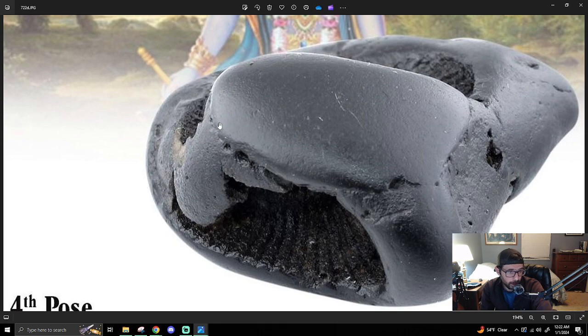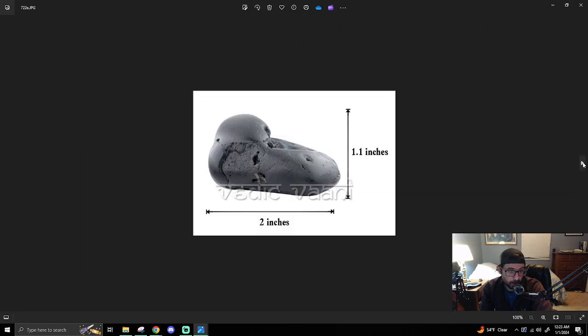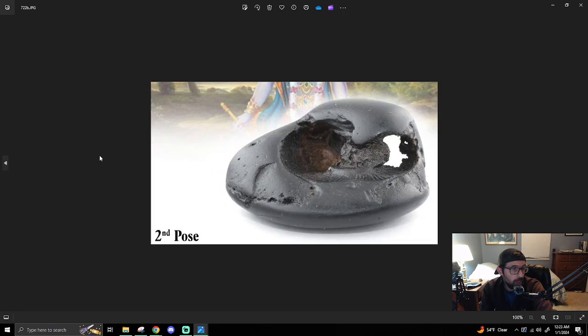Some more teeth up there, but that would be more associated with this. Possibly some interesting stuff here that would be cool to see more pictures of, but that's all we got. We don't have any more pictures of that.